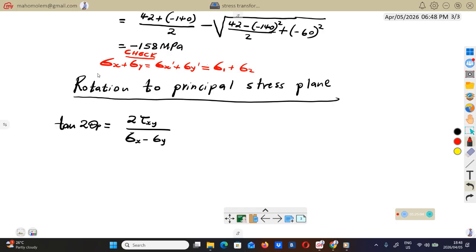So you will have 42 as normal stress plus that compressive stress of 140. When we add those two stresses, it should give you the same thing as when we add these ones.